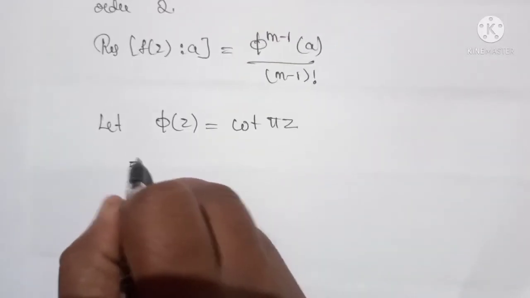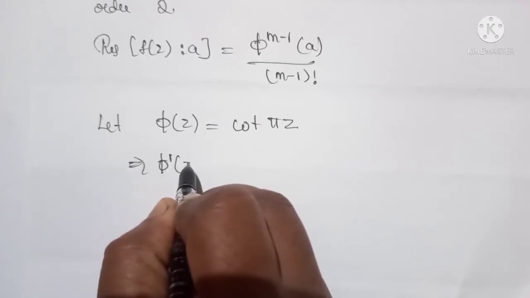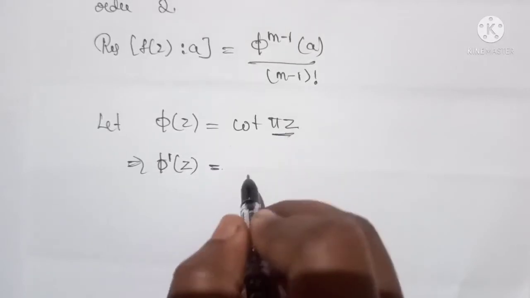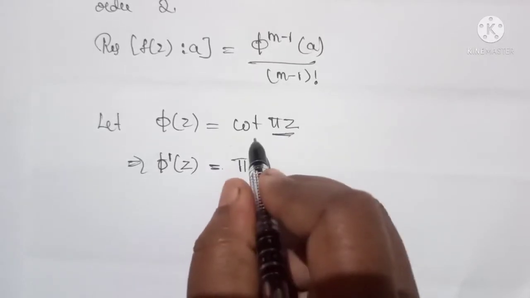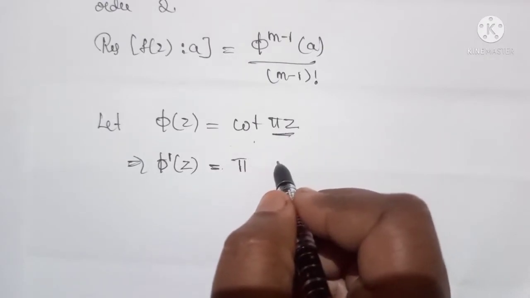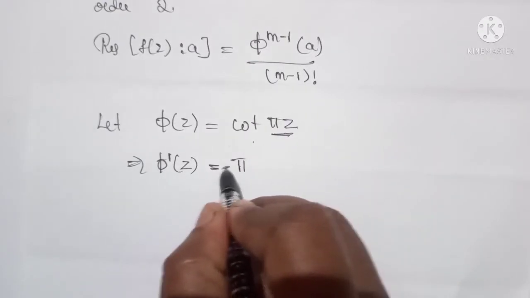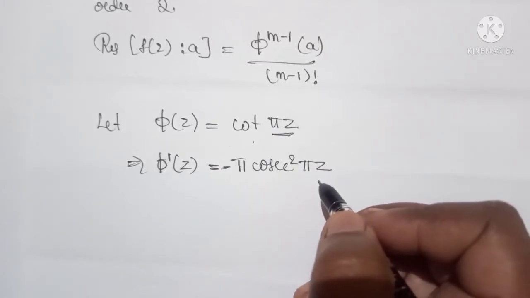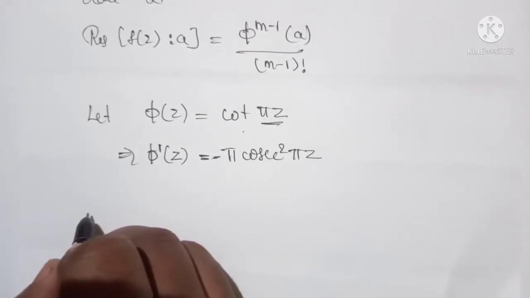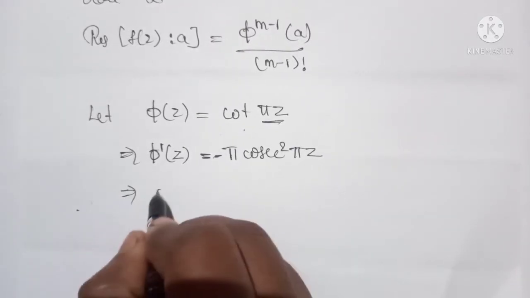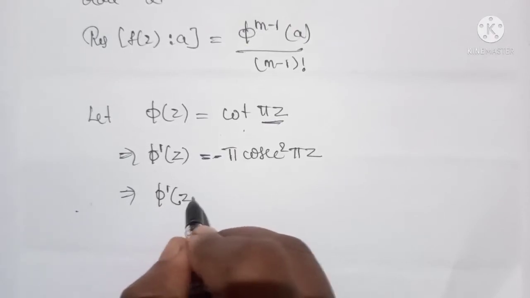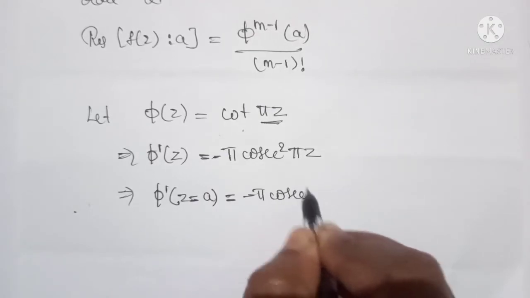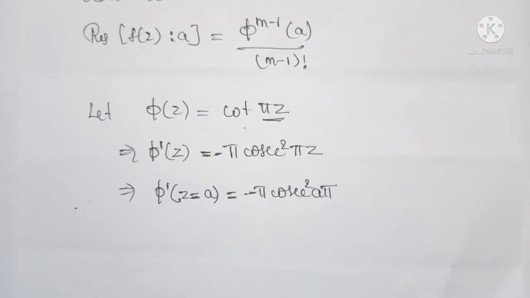Differentiating, phi dash of z equals pi into the differentiation of cot, and the differentiation of cot x is minus cosec square x, so it is minus pi cosec square of pi z. Substituting z equals a, phi dash of a equals minus pi cosec square a pi.